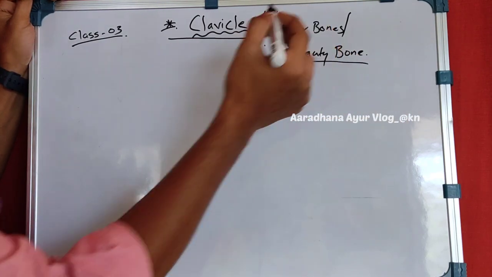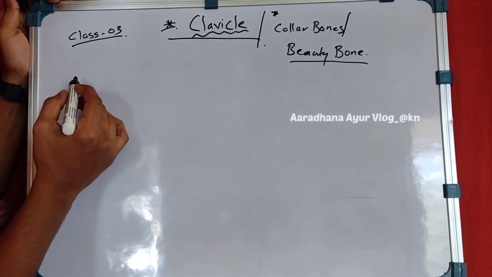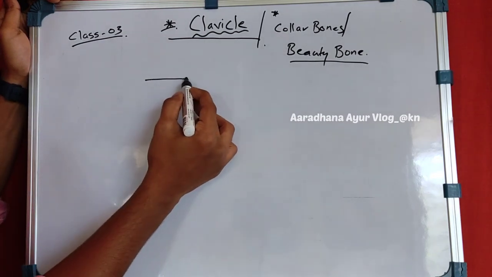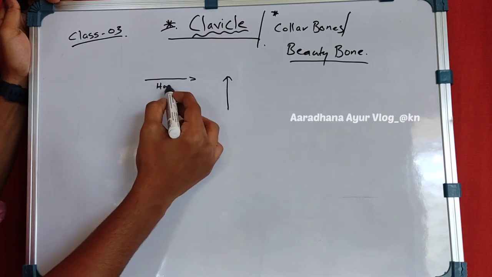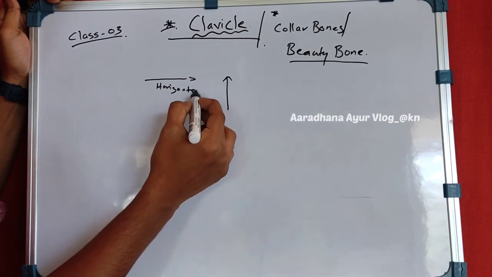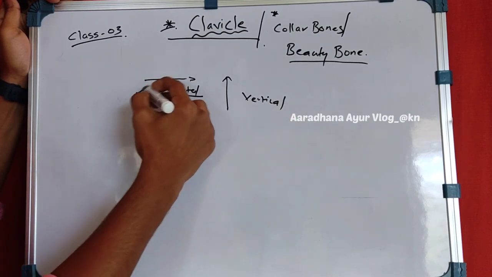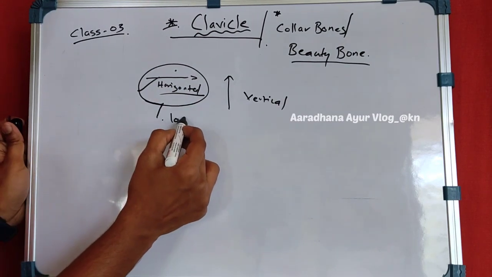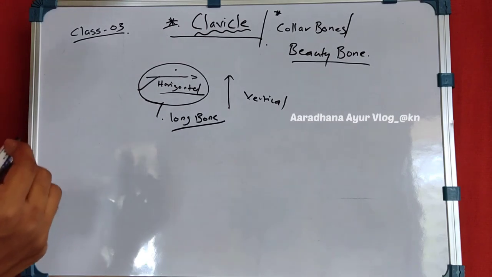It is also known as this one, and it is the long bone which lies horizontally. So this is the horizontal axis, we can tell, and this is vertical. So it is a long bone which is horizontally placed.